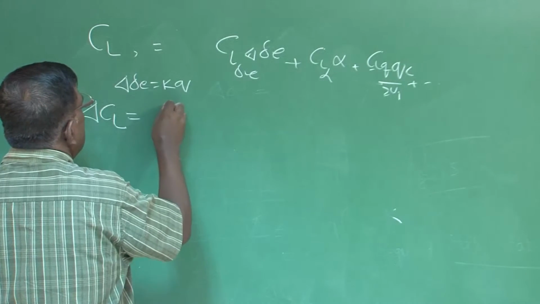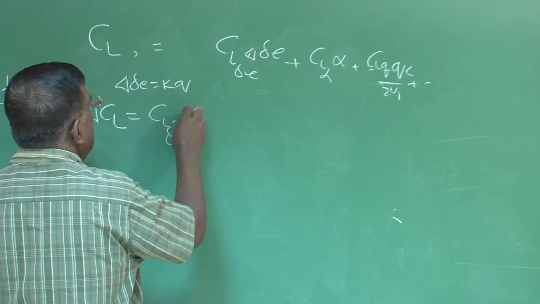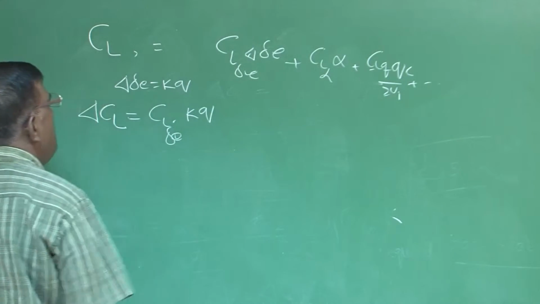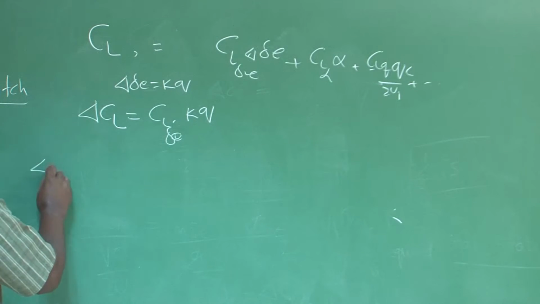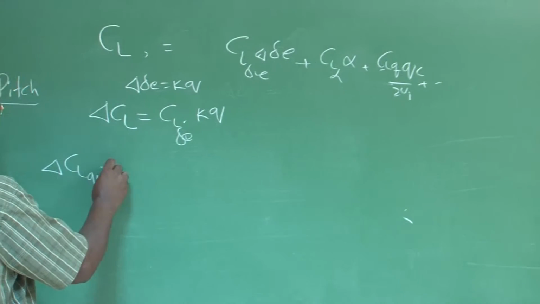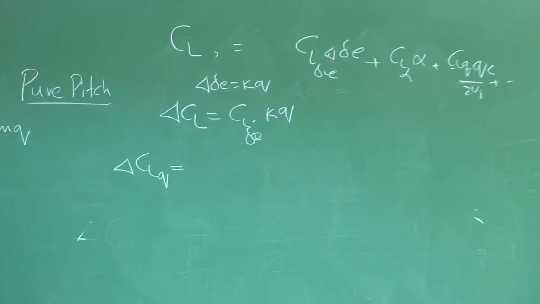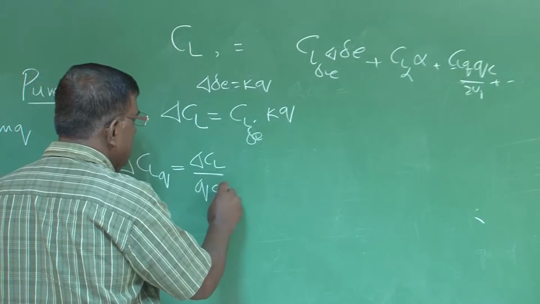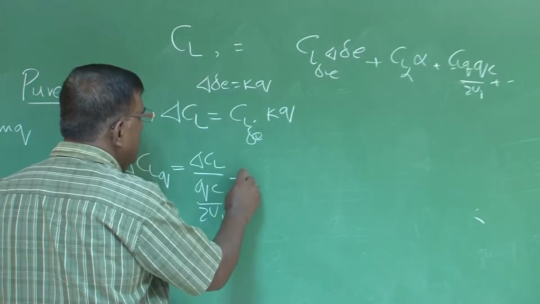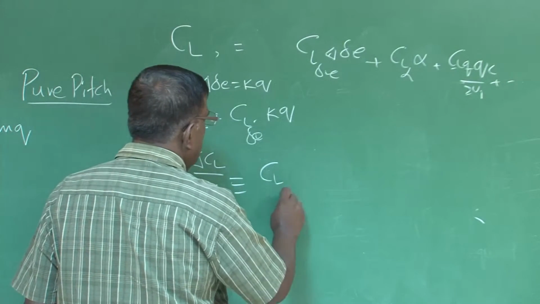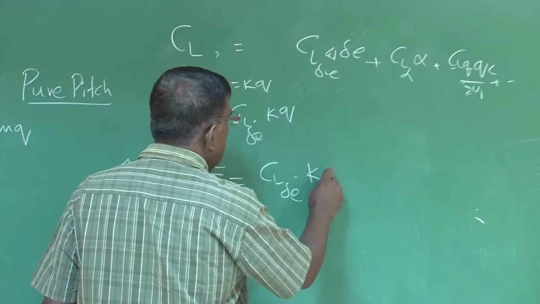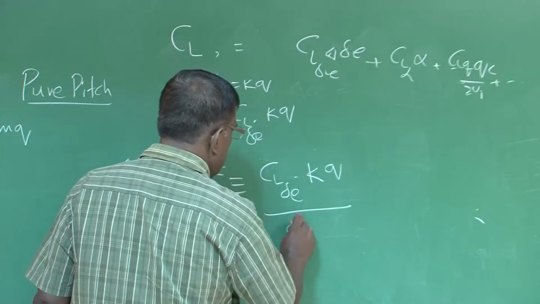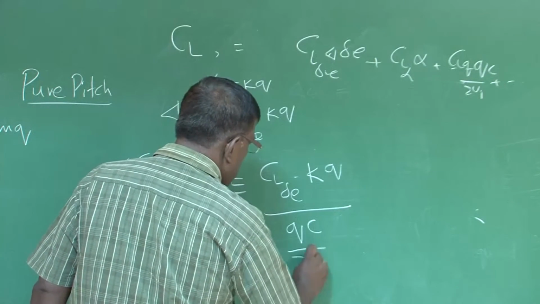So this will give CL delta E into KQ. So again, you find additional CLQ, delta CLQ seen by the airplane, and that will be delta CL by Qc by 2U1, that is equal to CL delta E into KQ by Qc by 2U1.